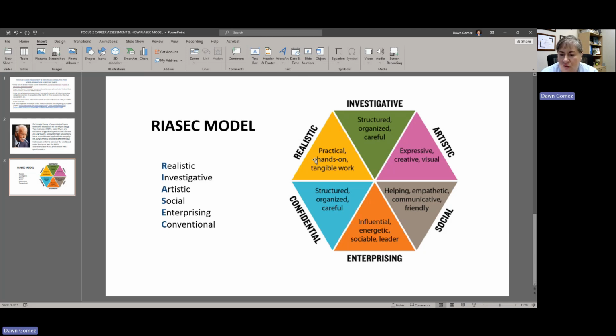The next cluster is called the enterprising cluster. This cluster is called the persuaders. So enterprising cluster is where people are very persuasive. They're influential. They enjoy bringing people around to their way of thinking. They're energetic. They're sociable, and they're often leaders.